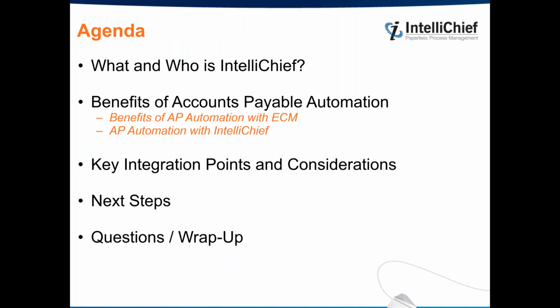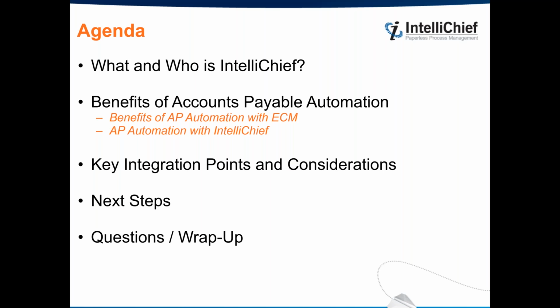So the agenda today is, I know there are some existing or current users of IntelliChief on the call, but some of the folks may not be familiar with us at all. And so we'll just tell you who we are. We'll talk about the benefits we see that folks talking to us are looking for in an AP automation system, combined with what's called ECM.